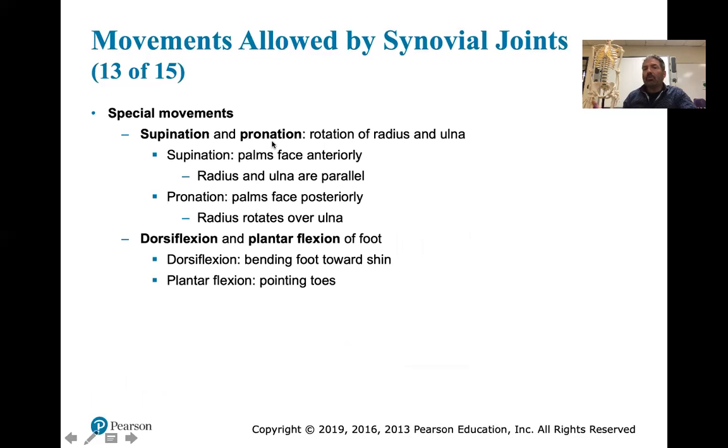Supination and pronation are rotation of the radius and ulna. I showed you guys that earlier. So literally my radius, which is lateral, is rotating around. Radius and ulna are parallel. In pronation, the palm faces posteriorly and the radius rotates over the ulna.